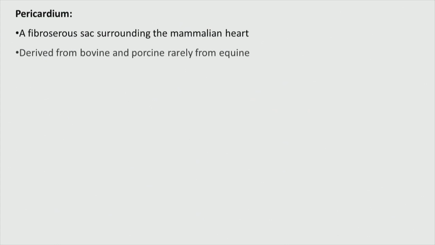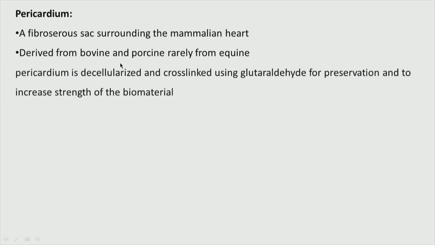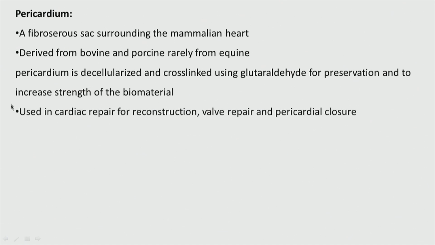Pericardium, a fibrous sac surrounding the mammalian heart. So you can harvest it from bovine or porcine, okay, and then it is decellularized and cross linked using glutaraldehyde for increasing the strength as well as preserving, and then this can be used for cardiac repair, reconstruction, valve repair, and pericardial closures.